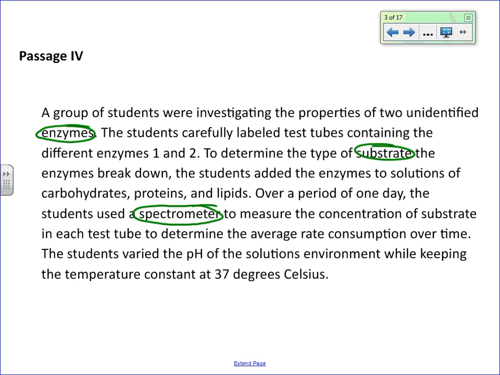Lipids. Carbohydrates. Any other words going once? Words going twice? And our words are gone.